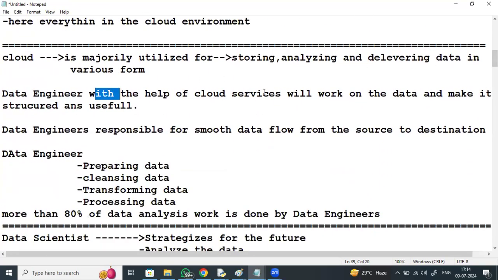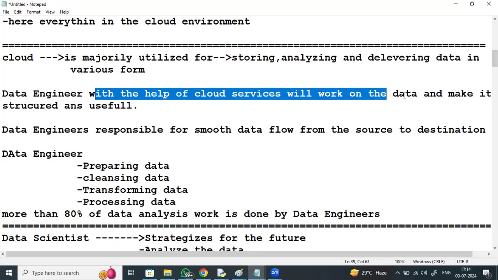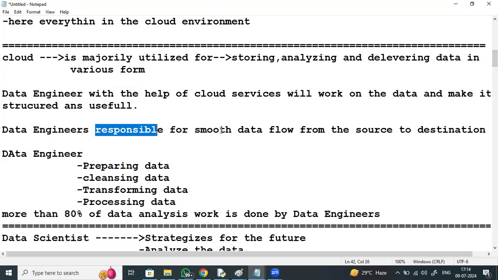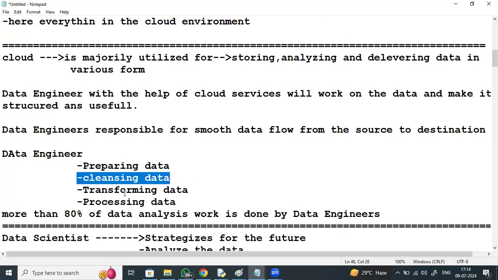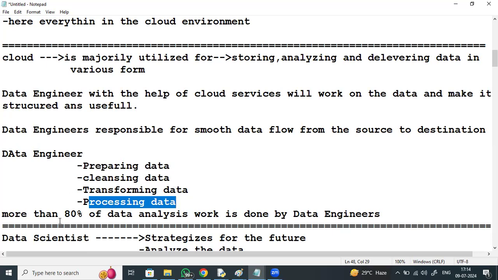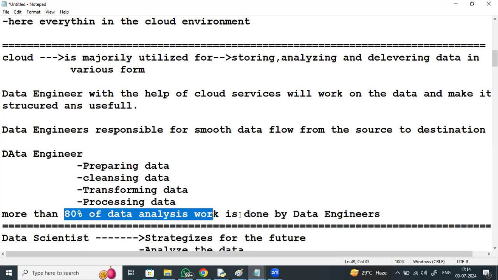Here, the data engineer, with the help of cloud services, will work on the data and make it structured and useful. The data engineer is responsible for smooth data flow from the source to the destination. He prepares, cleans, transforms, and processes the data. 80% of the data analysis work is done by data engineers.